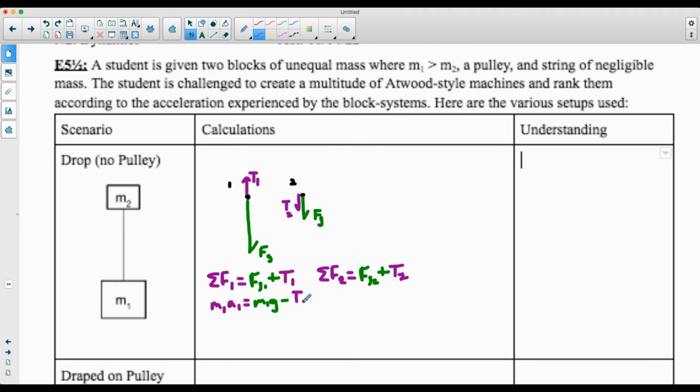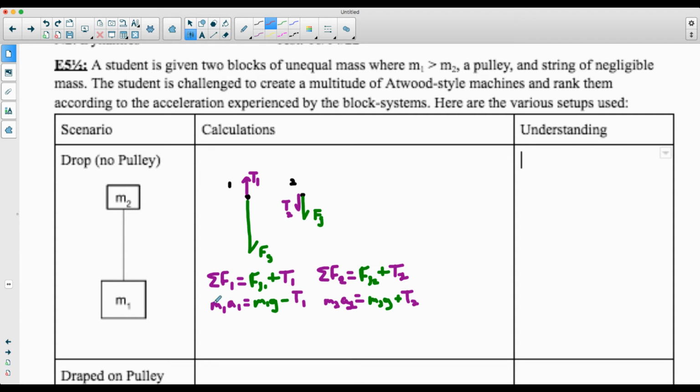For block 2, the mass of block 2 times its acceleration is simply the mass of block 2 times g, and it actually points in the same direction, so plus T2, where down is positive in this picture.